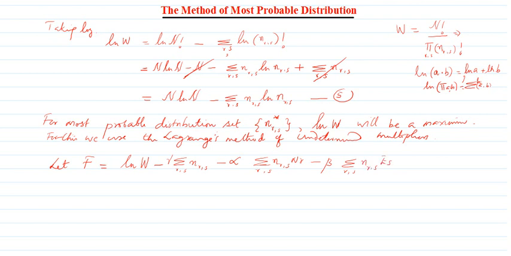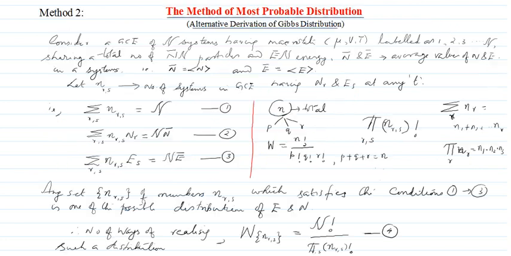On a close look at this equation, you will see that the first one, log W, is our original function which is to be maximized, given by equation number 5. And you can see that this factor is nothing but the LHS of equation number 1, which is the first constraint.